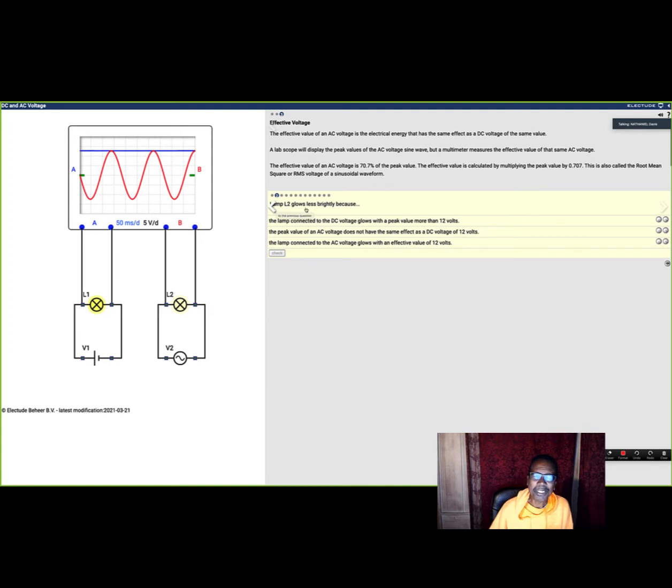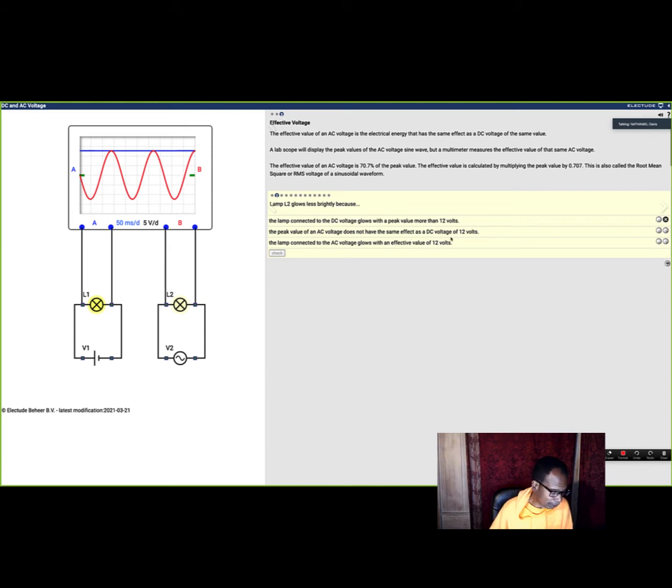Lamp 2 glows less brightly because, this is number 2 now, the lamp connected to the DC voltage glows with a peak value more than 12 volts. So it's saying this one has more than 12 volts, that's why it's glowing so bright. Is that true or false? False. The peak value of the AC voltage does not have the same effect as a DC voltage of 12 volts.